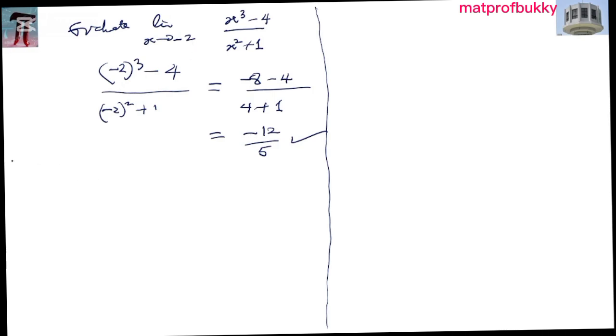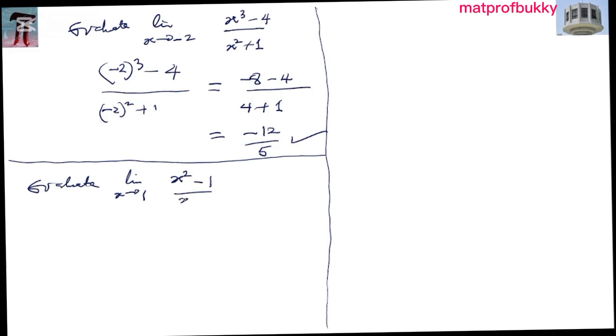But some problems may seem to be different. Look at this. If we are to evaluate, say, the limit as x tends to 1 of x squared minus 1 over x minus 1, if you try direct substitution here, that will be a problem, because we're going to have 1 squared minus 1 over 1 minus 1.